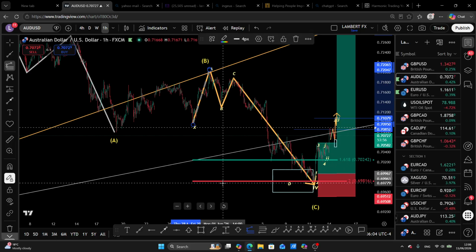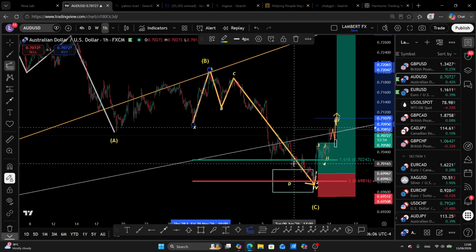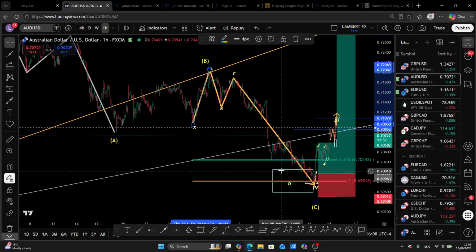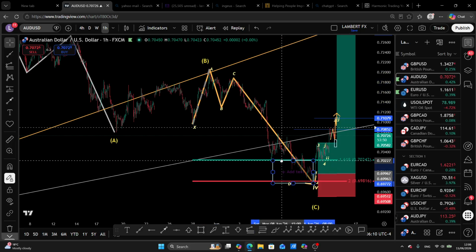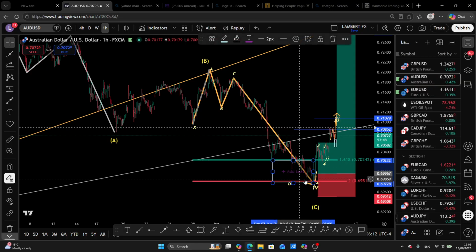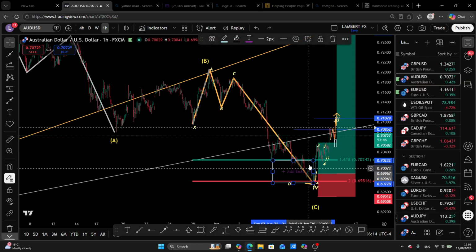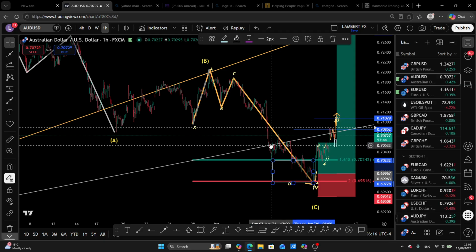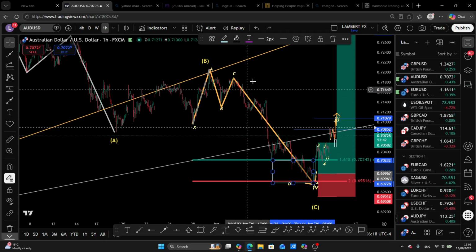So this was where I was waiting, inside this box. I was waiting for price to come inside the box and I look for long. We need one more measurement.